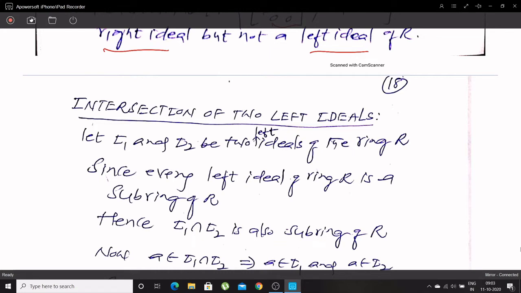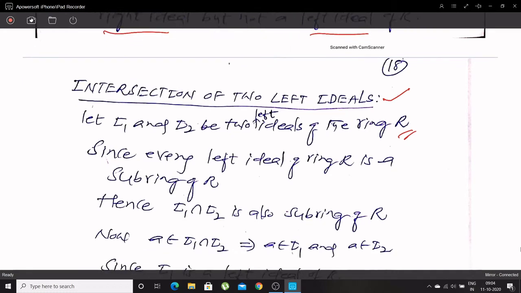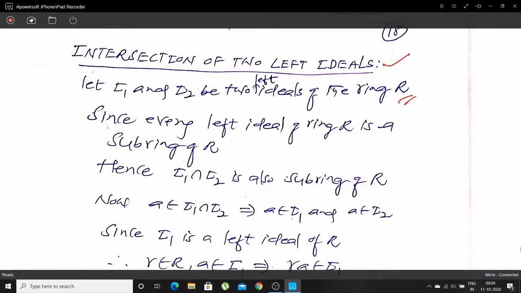Intersection of two left ideals. The first result. Let I1 and I2 be two left ideals of ring R. I1 is a left ideal of ring R. I2 is also a left ideal of ring R. We know that every left ideal of ring R is a subring.